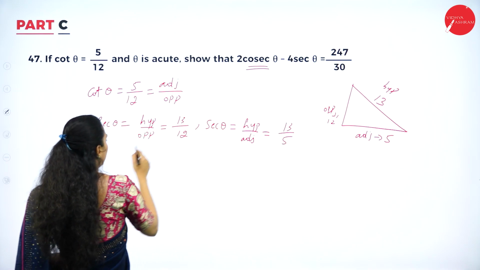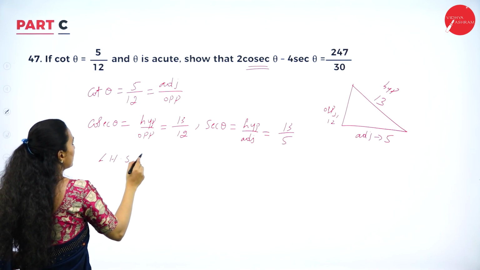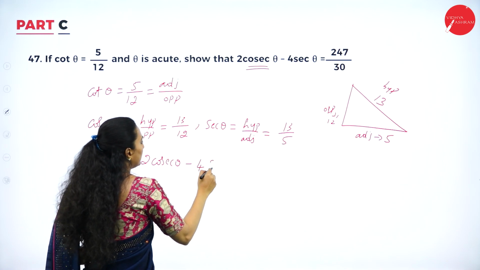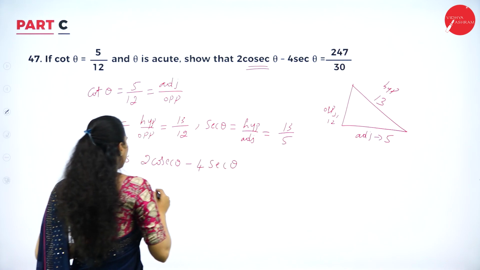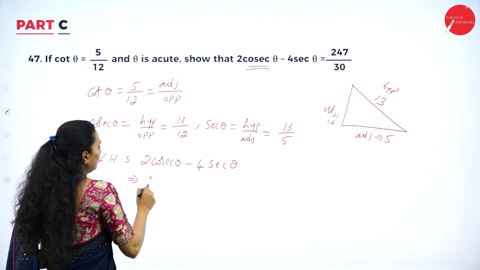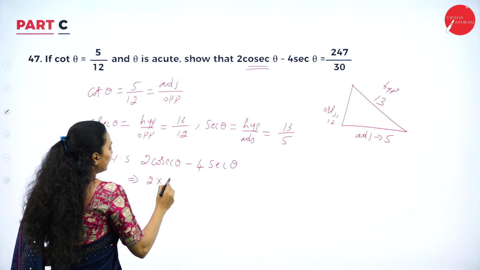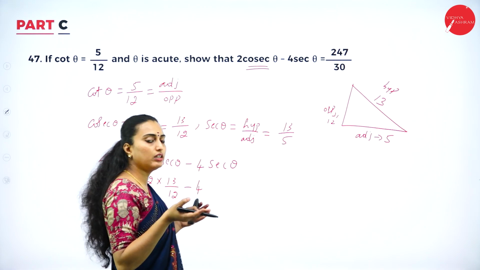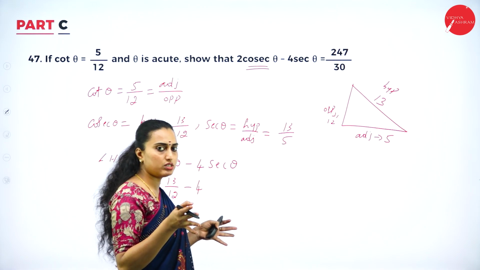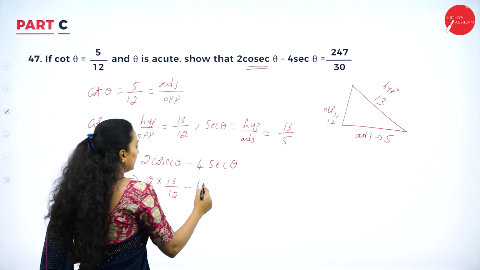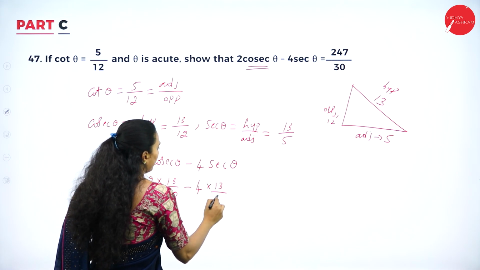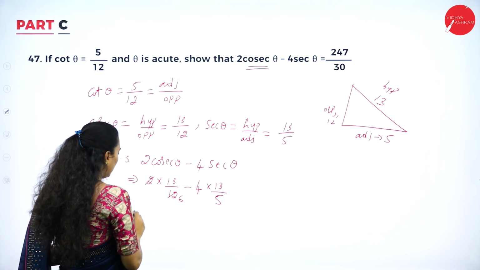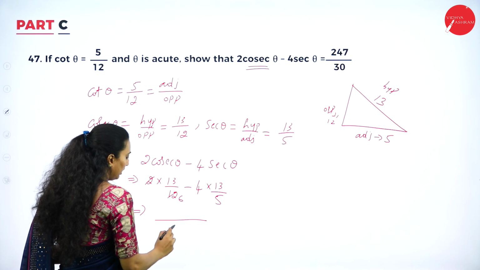Now let me take the left hand side of the given function, 2 cosecant theta minus 4 secant theta. Okay. So what is that? 2 into cosecant theta is 13 divided by 12, minus 4 into secant theta. In the first quadrant all are positive only. So 4 secant theta is 4 into 13 divided by 5. Now here we can cancel; the LCM will be 30, correct?